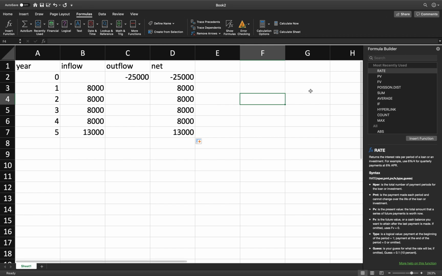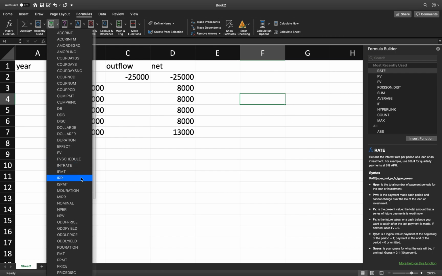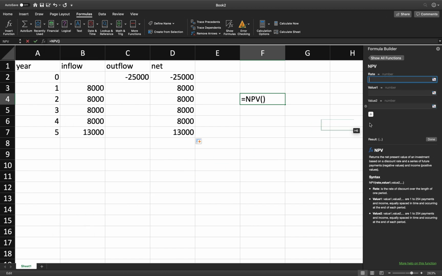So then you can use the net present value function to calculate this. To do that, go to financial and click on NPV. That gives you some cells to input your values, right? The rate is 0.2. For the values, remember when you do the net present value, select from year one. Don't include year zero.